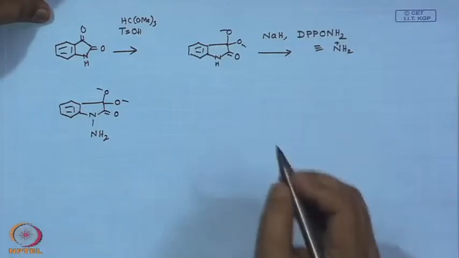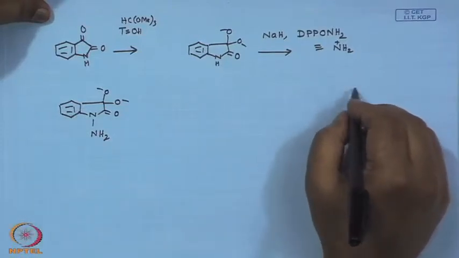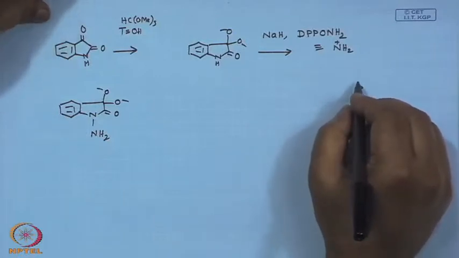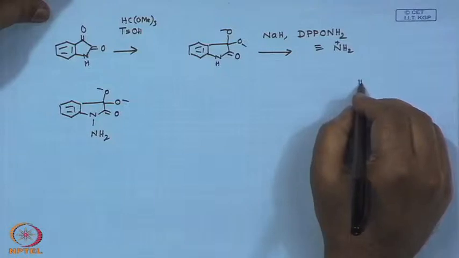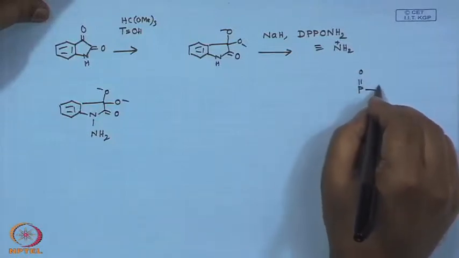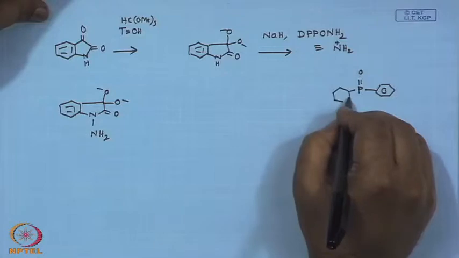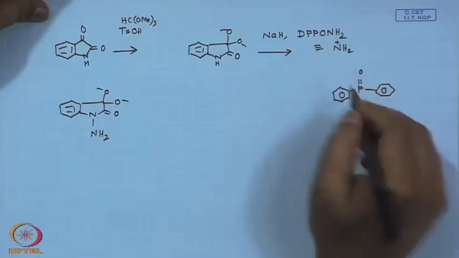And by the way, you have to remember the structures of this one also. DPPONH2 is nothing but a phosphinyl hydroxylamine. So, that means it has to be like this, and so diphenyl. So, as the name says, it should be diphenyl, right.